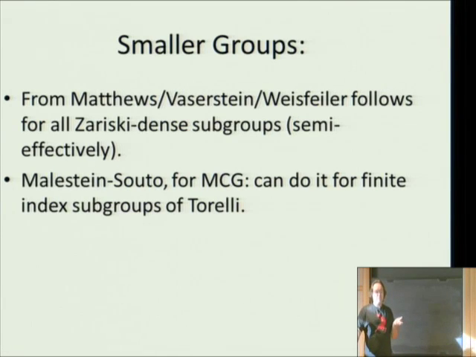It's not clear what to do with them because, after all, you have to have an analog of Casson's conditions to check, which is not obvious. But Malestein and Soto look at a bunch of different lifts, and they can find one that works, and then they use some analog of Casson to get this.